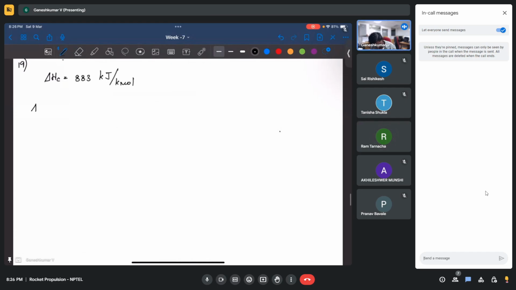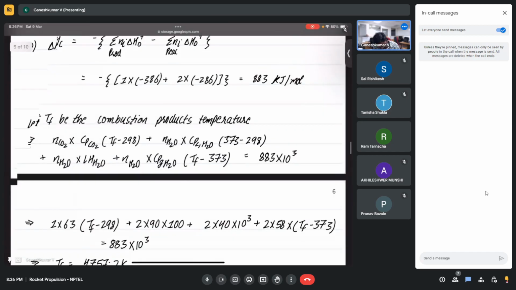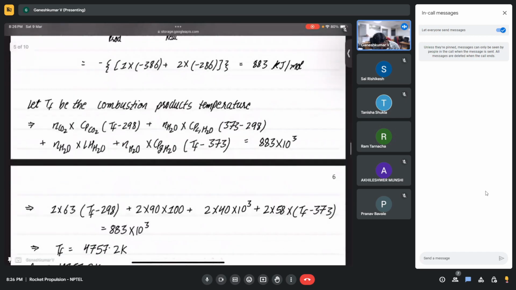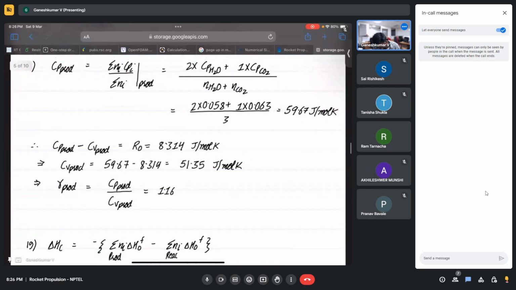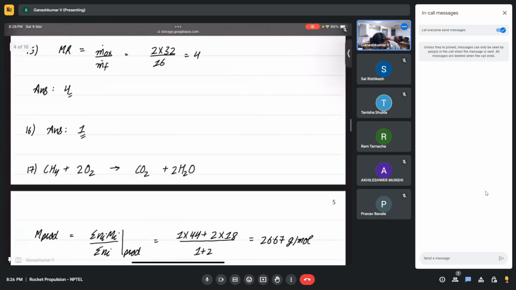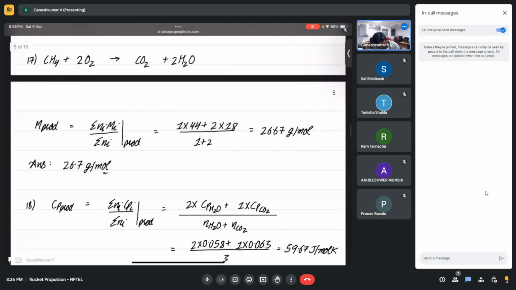So this delta H_C is going to be N of CO2 and Cp's. CO2 is 1, is it? So CO2 is 1, 2 H2O.